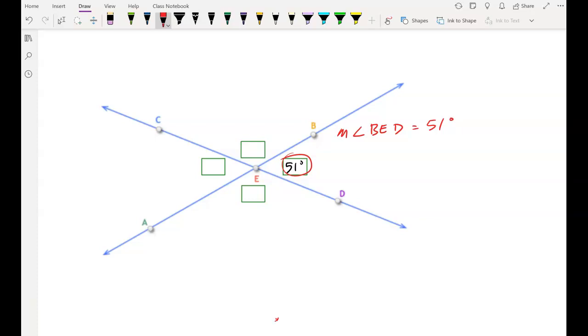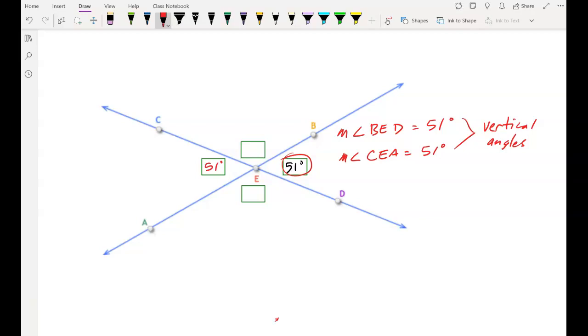Well, one thing you should notice right away is that angle BED and angle CEA, angle CEA, its measure would also be 51 degrees. How do I know that? Because they are vertical angles.